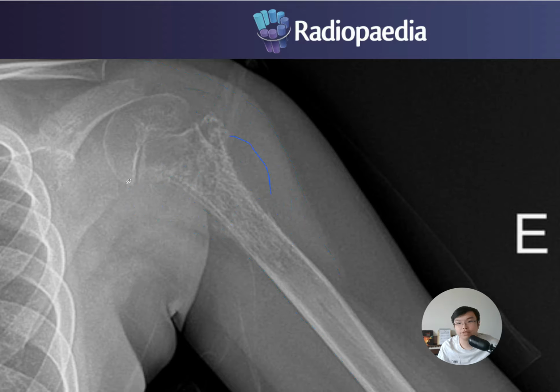So we expect to see at least this area is a quite sizable extraosseous soft tissue component, while it is relatively significant with respect to the extent or severity of the bony destruction of the proximal humerus. So combining with the age, it is very likely to be Ewing sarcoma, okay?